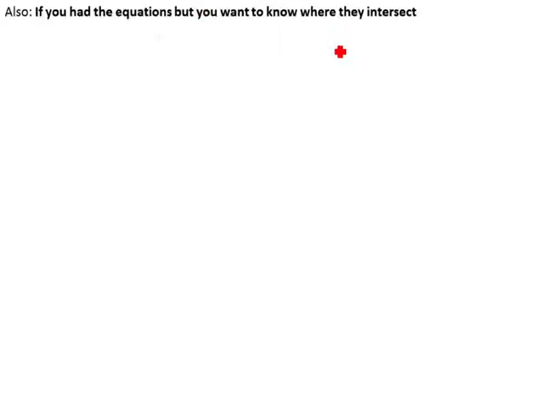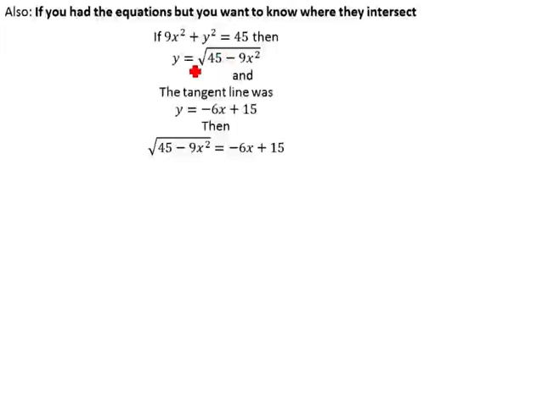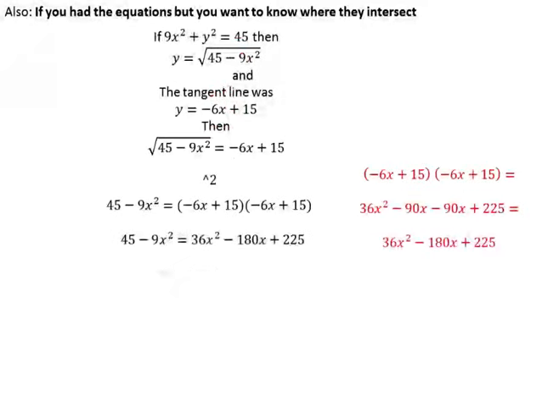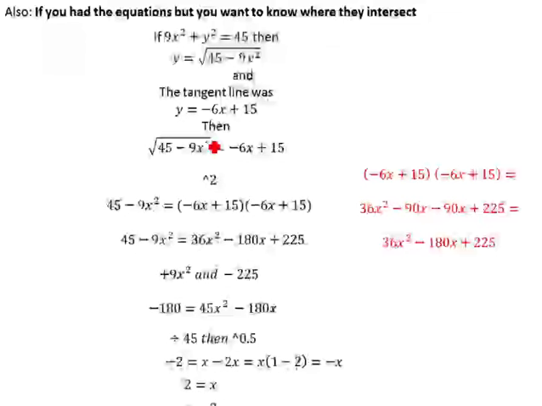And if you have the equations, then all you have to do is turn them into terms of y. You could do it in terms of x, but that's much harder. And if you're given the tangent line, it will always be in terms of y anyway, although you could turn it into terms of x. And then just make them equal and solve it in terms of x.